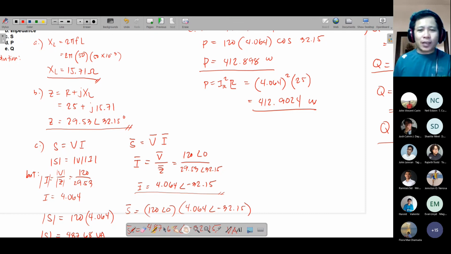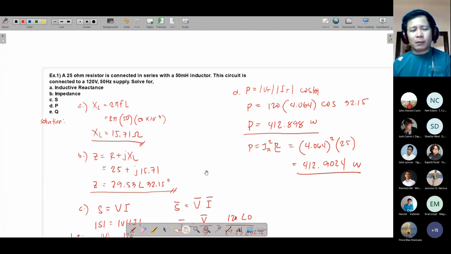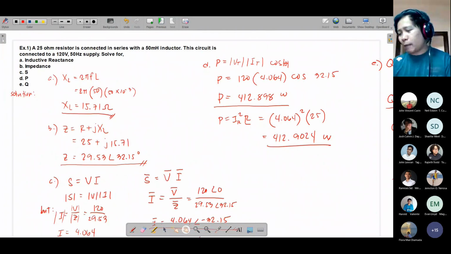Kay kung dili nimo drawingan og tarong ang phasor diagram, patay, dili nimo makuha ang sakto nga value nga imuhang gamiton. Basta lisod jud sa circuits ang pagtudlo ug pag-explain kay daghan kayo bantayanan.